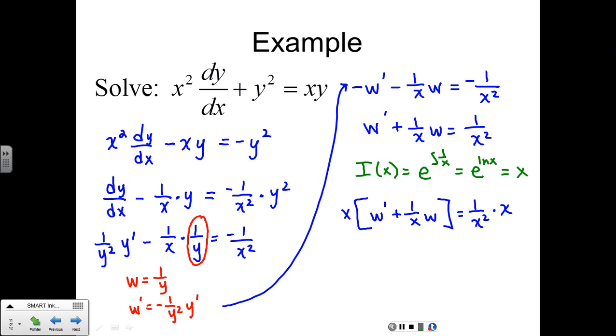Multiply both sides by the integrating factor. So that left side should always be x times w, or x times whatever your variable is, prime, equal to just 1 over x. Integrate both sides.